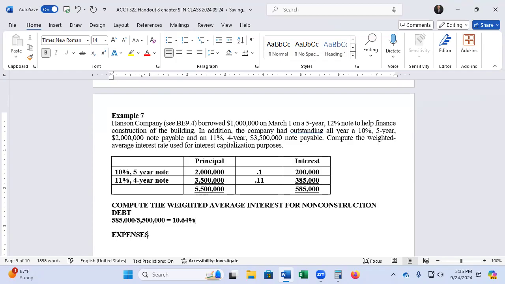So expenses up to 1 million would be at 12%. Expenses beyond 1 million would be at 10.64%.